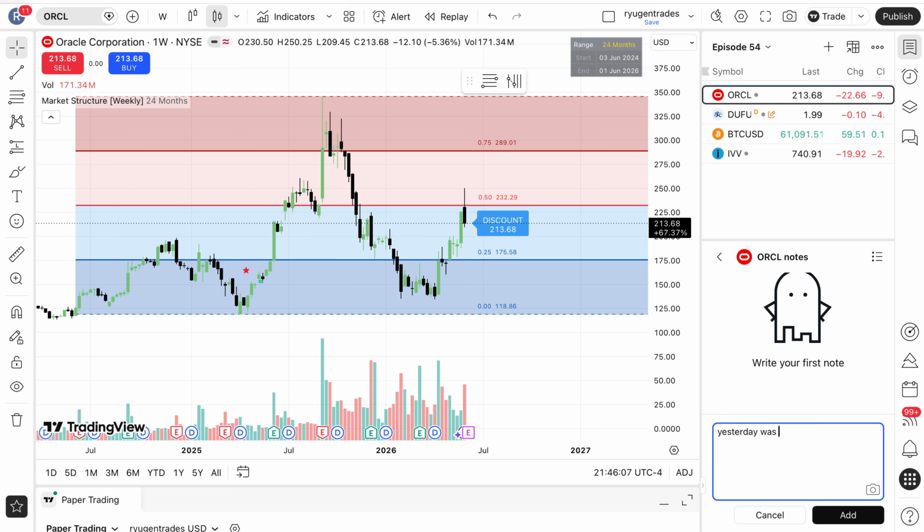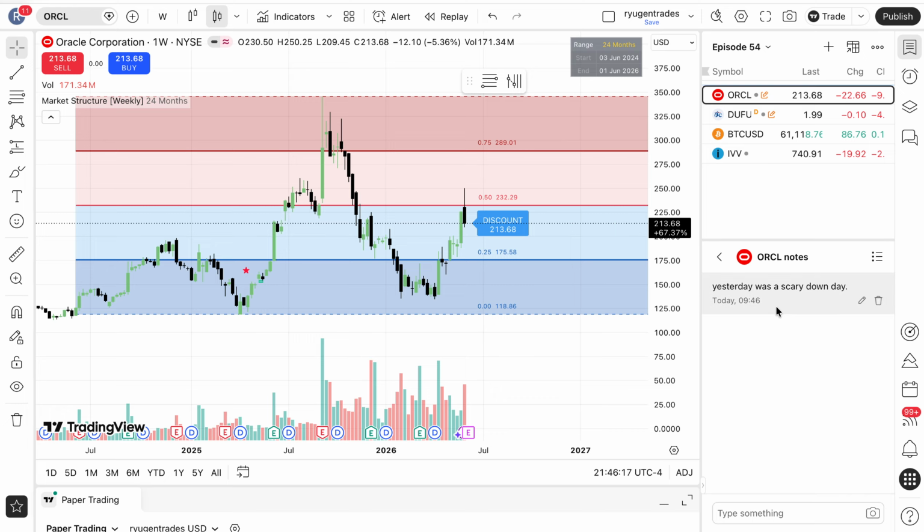Yesterday was a scary down day, and of course you can keep adding to this, and you even timestamp with the date and time, and you can build your journal actually in terms of your entries, your exits, your emotions, the key news that you observe, how the price action was after certain news, and this will be cataloged all in here next to your chart, and you can easily refer to your chart.